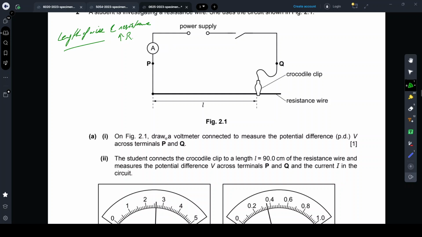So to measure the potential difference across P and Q, it says over here that you need it to be in parallel with P and Q.